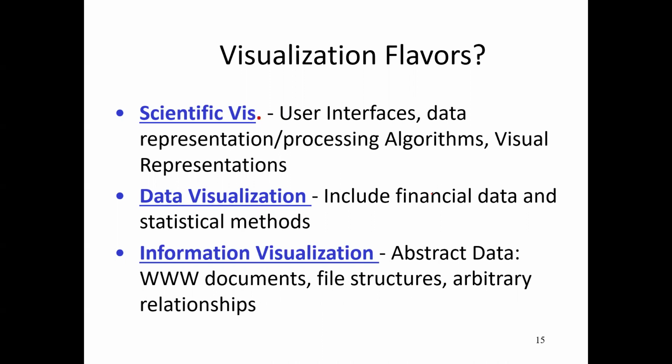And information visualization includes abstract data like a simple hypertext document, or maybe we can visualize file structure and some arbitrary relationships of data, right? So these are just three main flavors, and we are going to go through all these three flavors throughout this course.